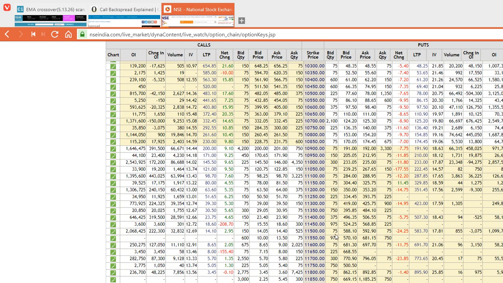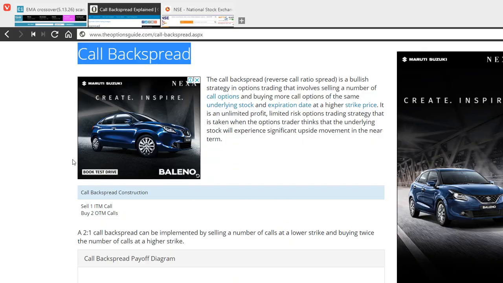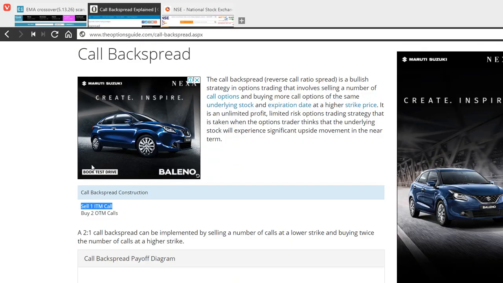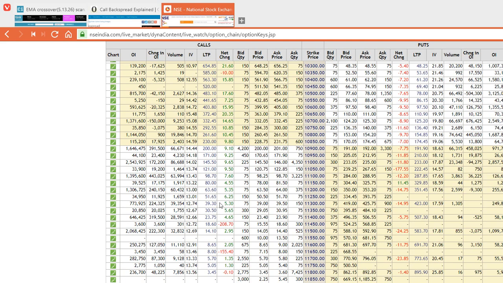So, the construction of the strategy, as you would see, is sell one in the money and buy two out of the money calls. So here is the catch, and that's the reason why I actually showed you.